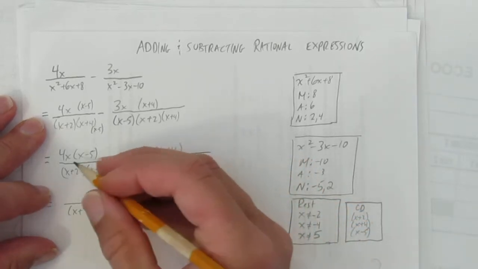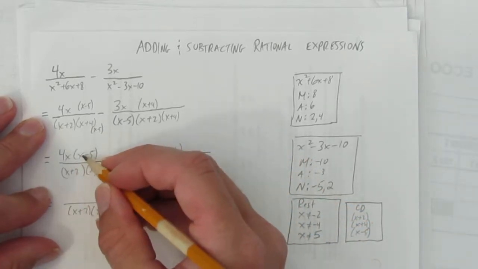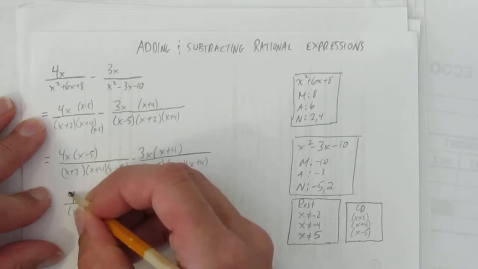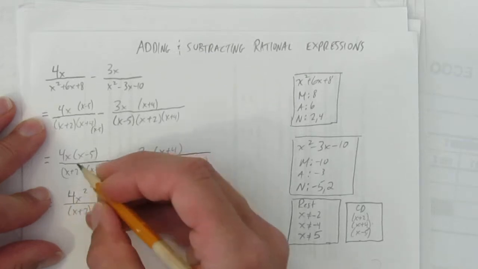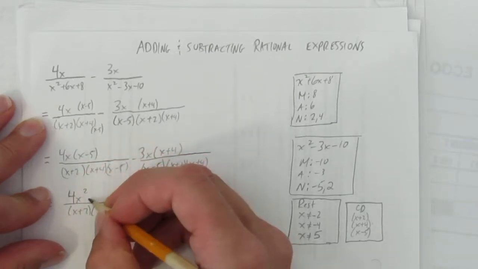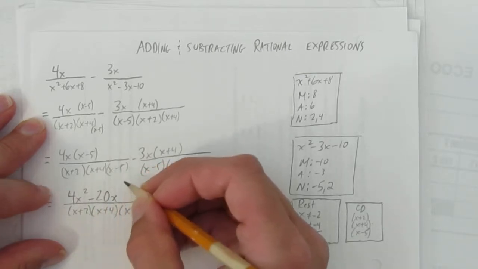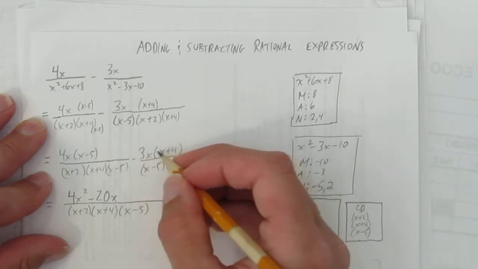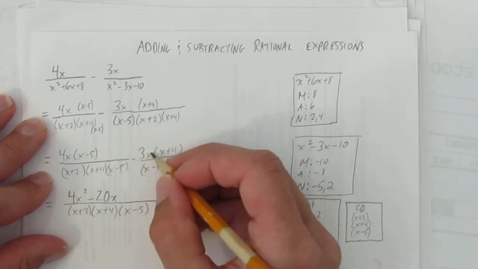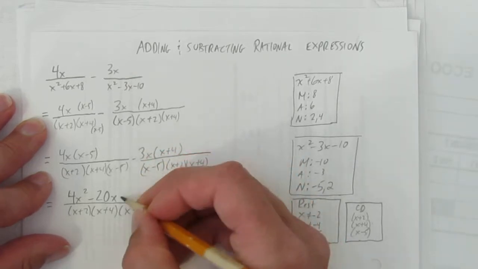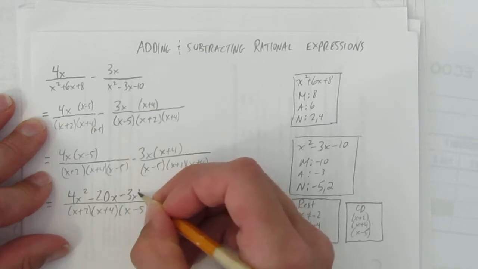And on the top here, I can start to simplify now. 4x times x gives me 4x squared. And 4x times minus 5 is minus 20x. When you're simplifying here, we're foiling or distributing. Make sure to take the minus with you. Minus 3x times x, minus 3x squared.